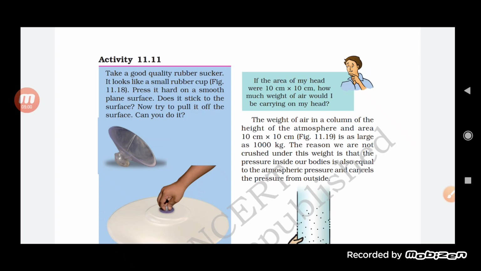So pressure is equal from all sides, and the pressure increases with the depth. That's why, suppose you take a bottle and make holes on three sides: one near the base, one above it, and the other at the middle.